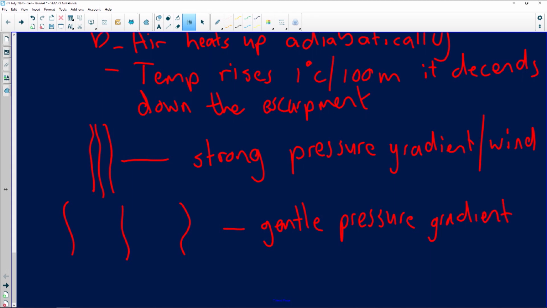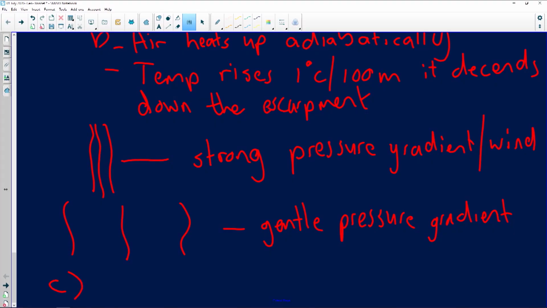Now, what I've explained to you, let's just have a look at the question. The question asked, how does the steep pressure gradient influence South African berg winds? It's going to have a massive influence. If the pressure gradient is steep, we're going to experience very strong, excessively warm berg winds.